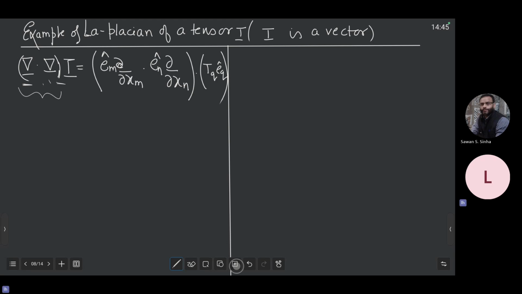Okay, so I'm going to write everything in index notation, and first we have to simplify this part. That is going to be... there is no dot here. Just like that, TQ, EQ.